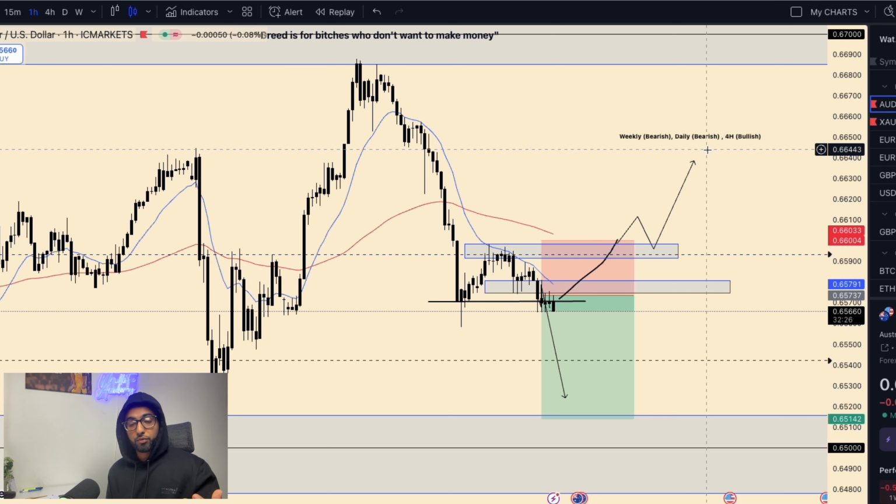And also, if you have any questions on, for example, this move that I've just done, or if you want me to break down this trade, hopefully by the end of this week, this trade will be cleared and it'll hit take profit, and then I can show you exactly how the trade went out. Or if it hits stop loss, I'll show you exactly how this trade went out as well. But now that we're going more deep into the bootcamp, you're going to start seeing more of my trades.